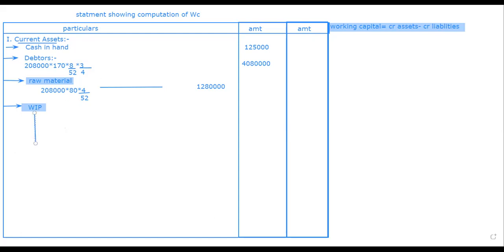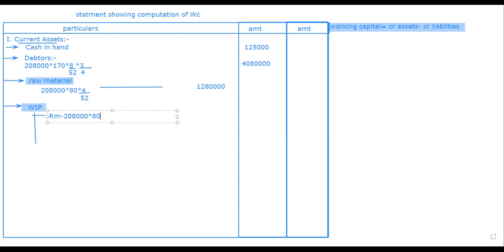So what are the three parts here? The first one is raw material. So raw material, which is 2 lakhs 8,000 into the same price we are going to pay, 80. And he said the same.